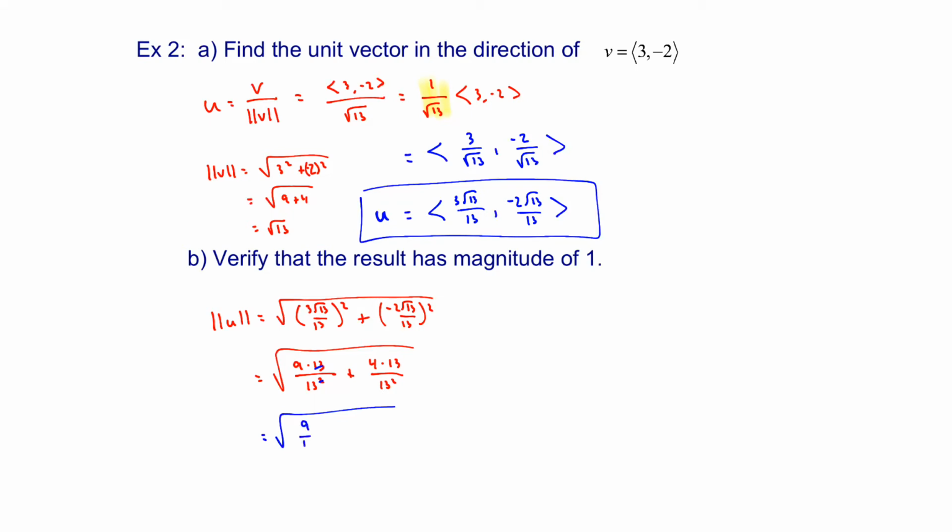So that'll leave us with 9/13 plus this 13 will cancel with one of those, and that will be 4/13, which is equal to the square root of 9 plus 4 is 13 over 13. So the square root of 1 is 1. So therefore, because the unit vector has a magnitude of 1, it verifies that what we have in part A would be correct.